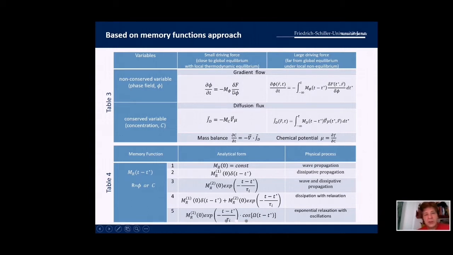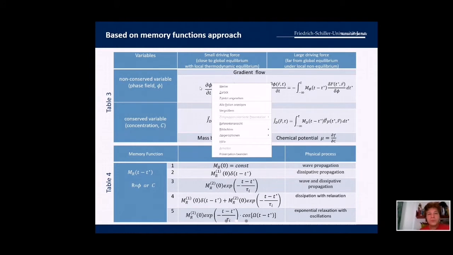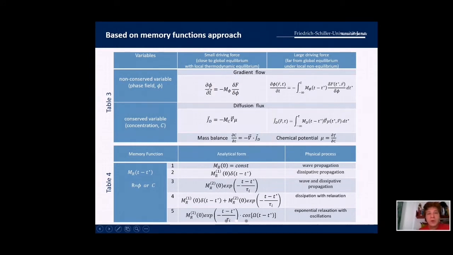So as soon as the driving force, the variational derivative of free energy with respect to phi, exists, then immediately and instantly we have a response. The variable is changed in time as soon as we have this driving force.